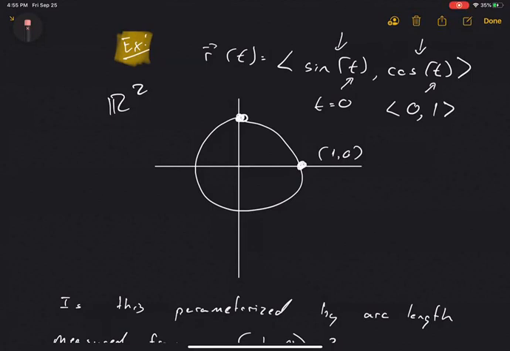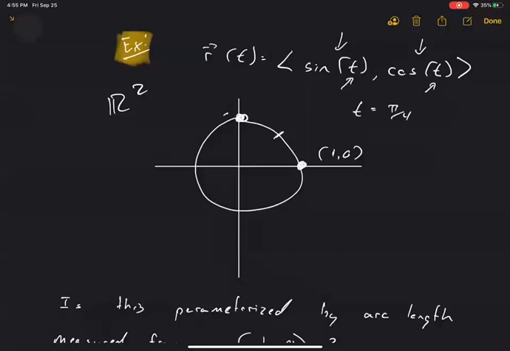So this parameter t is not arc length because I'm not starting at my initial point. Now, as t changes, let's say t is increasing, as t increases I'm moving this way, right? Maybe if t goes to pi over 4, I'd end up right there.